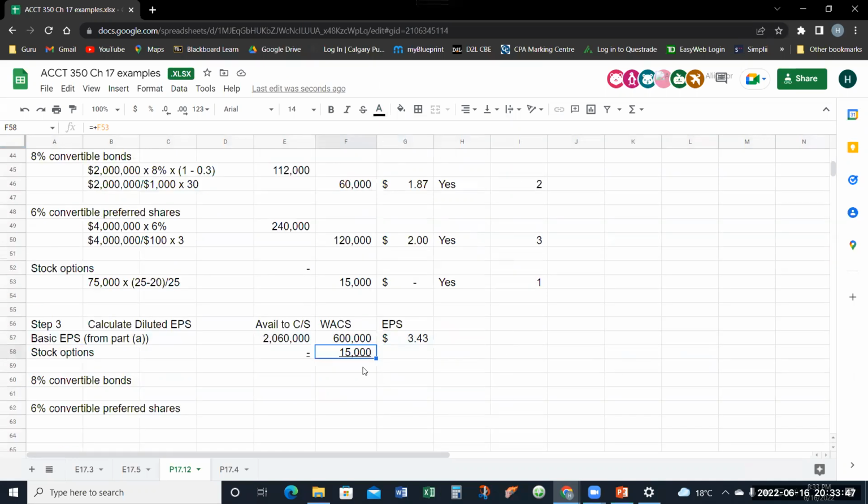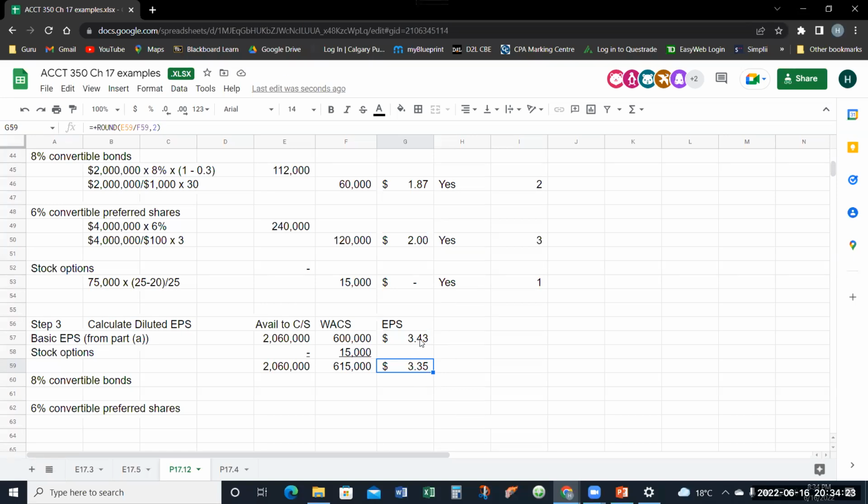After we introduce the stock options, our net income available to common shareholders will stay 2,060,000. But the weighted average common shares number is going to go up from 600,000 to 615,000. Calculating earnings per share, 2,060,000 divided by 615,000 shares works out to $3.35.